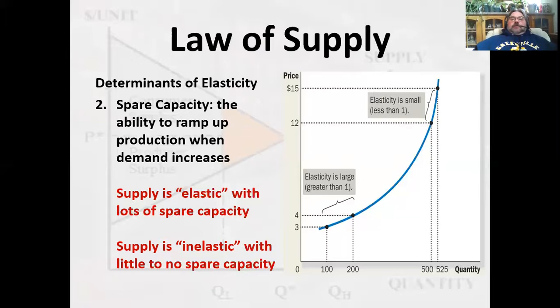Now, there are a lot of companies out there that do not have spare capacity. We see a lot of this in small companies. Oddly, one of them is Boston Brewery. I believe they still do this, but for the longest time, Boston Brewery did not own their own brewery.